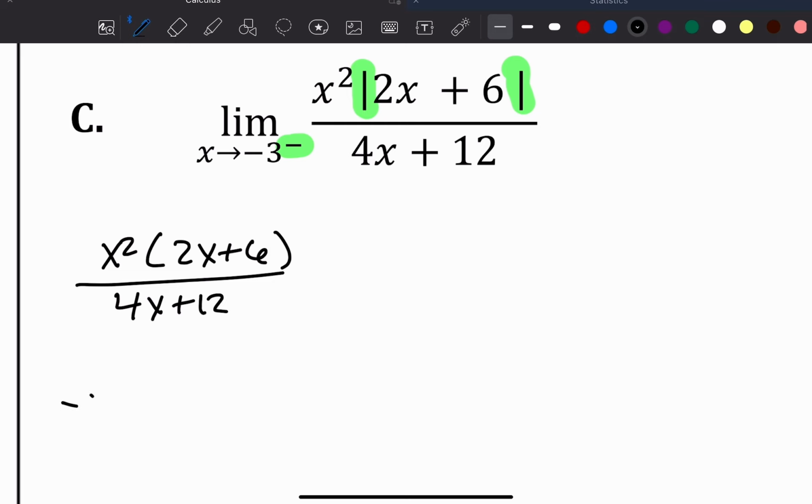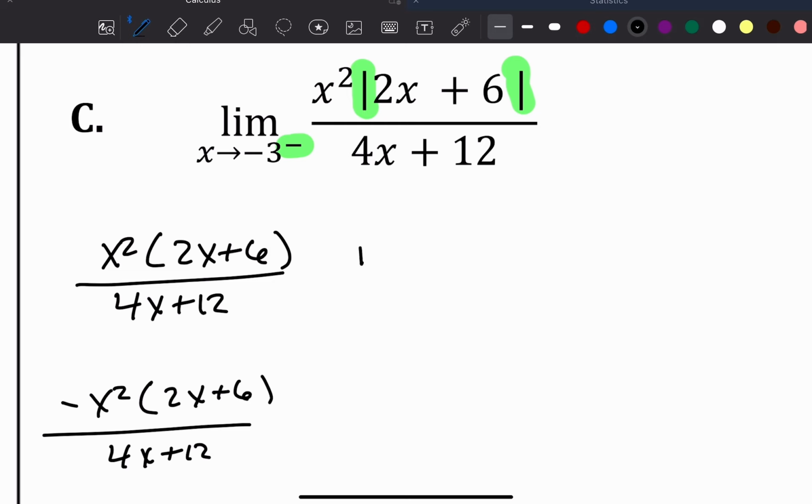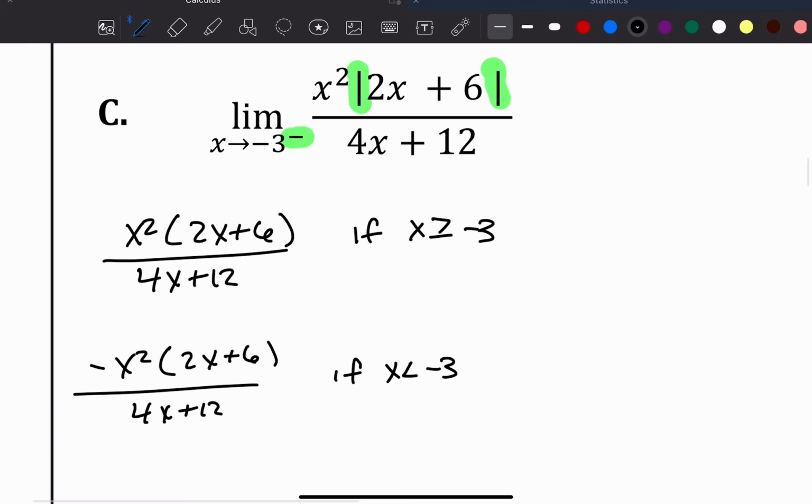And then I have negative x squared times 2x plus 6 over 4x plus 12. And since one is positive and one is negative, I'm going to set the domains of the first one. The positive one is going to be if x is greater than or equal to negative 3. And then the next one is if x is less than negative 3. Notice, because of this, we just created a piecewise function.